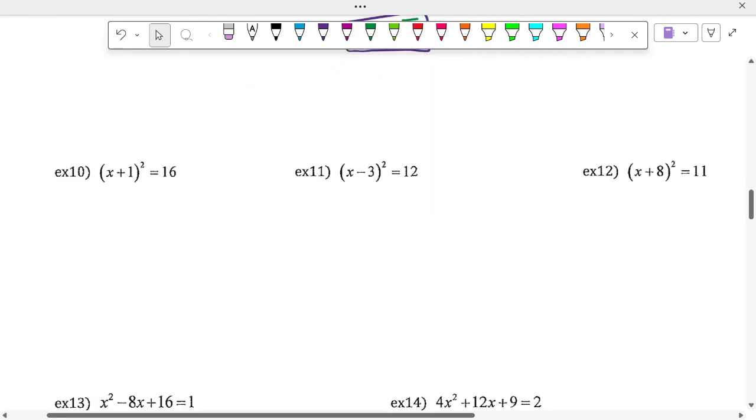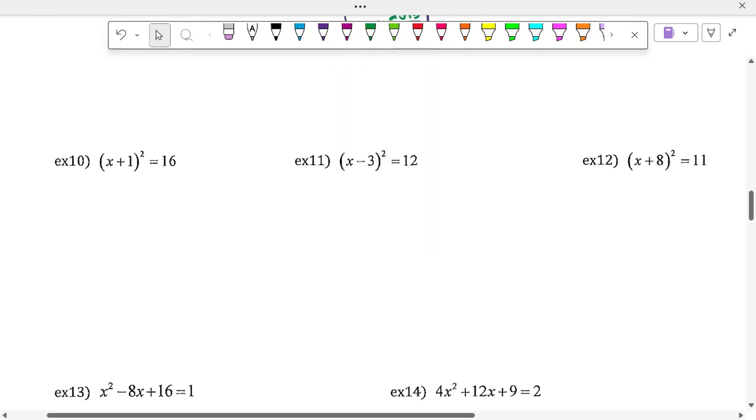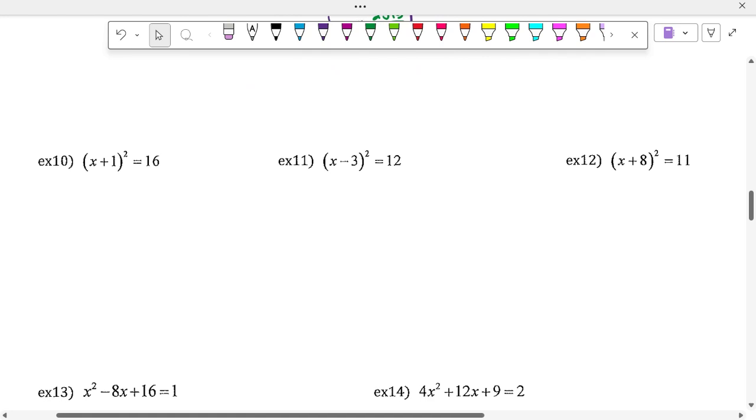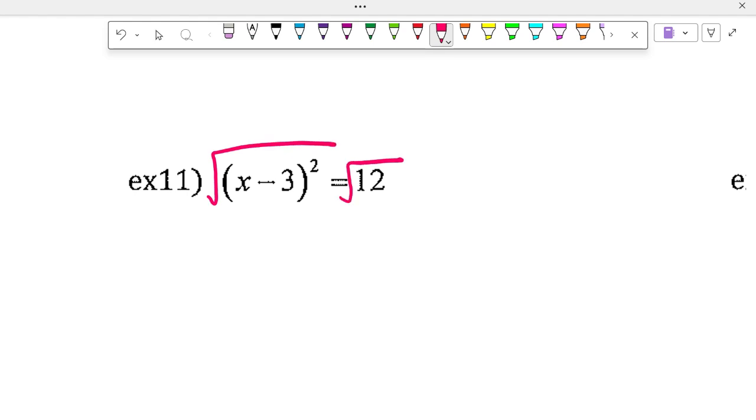All right, let's try another one. So, example 11. So, look at it carefully. What do you think I'm going to do first? Take that square root. All right.